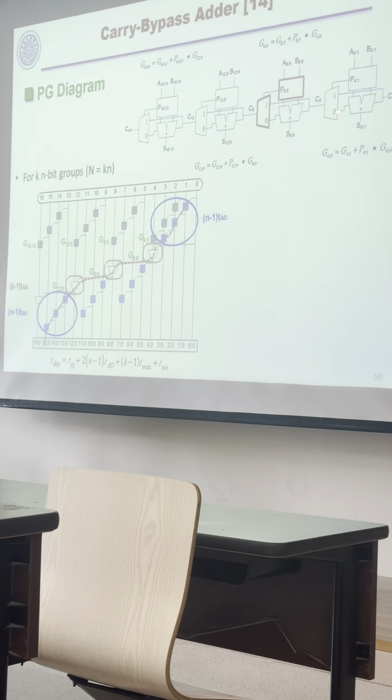Make sure you understand how to write down this circuit. This circuit actually uses the concept we already discussed. Calculate the P and then have a multiplexer here. This multiplexer will take the carry in as one input, and another input is from the adder, and then pass to another one.